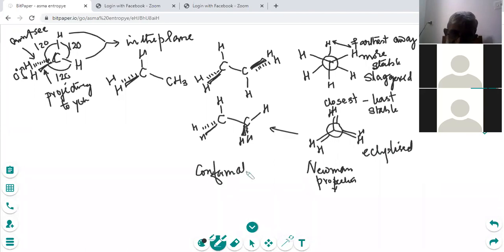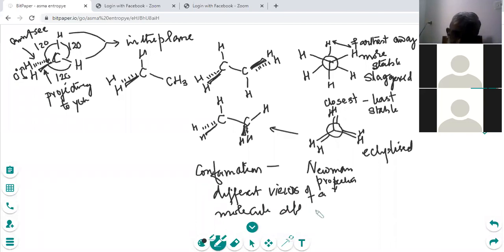Conformation means different views of a molecule obtained by rotation around a single bond.